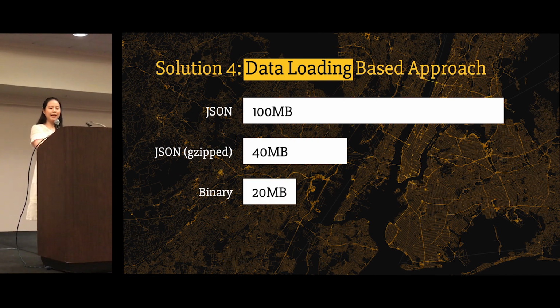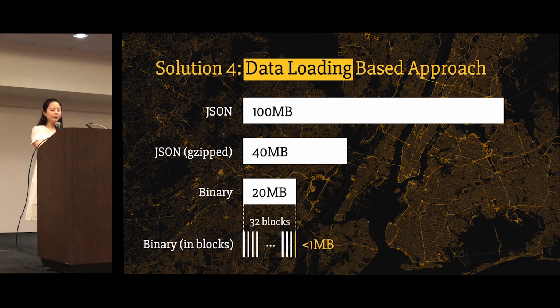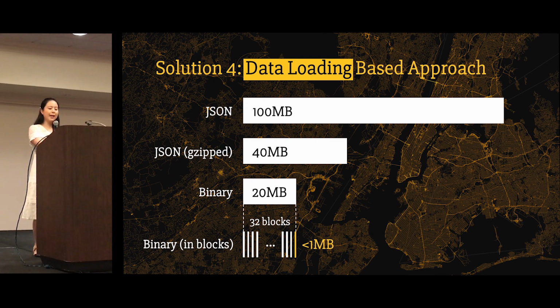We can store the data array in binary format so that the file size will be 20 megabytes. Then we can split the data into 32 files, and now every file is less than 1 megabyte. We can use the progressive rendering introduced previously to load one file and render that part of the data.